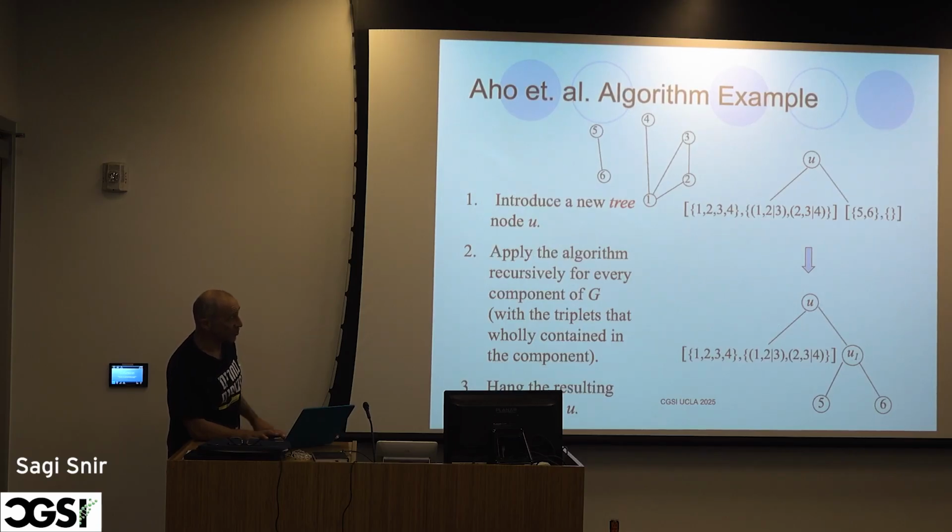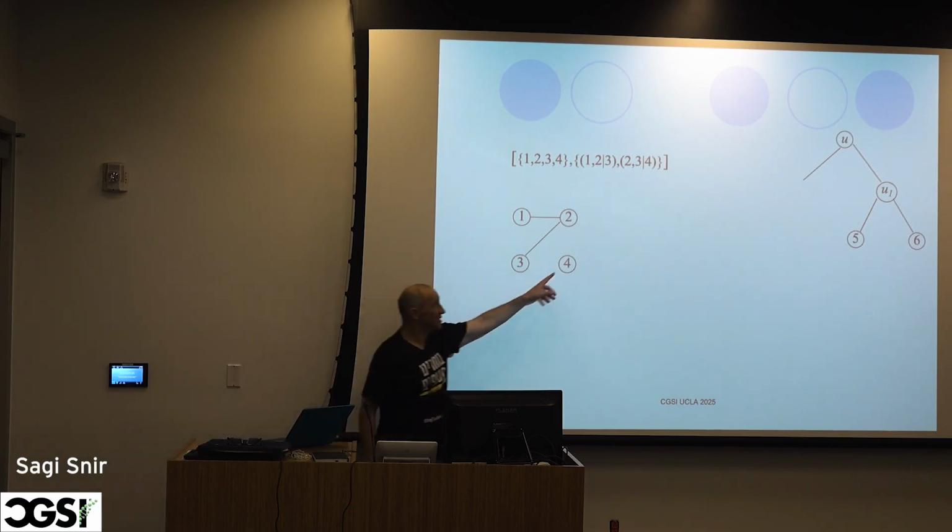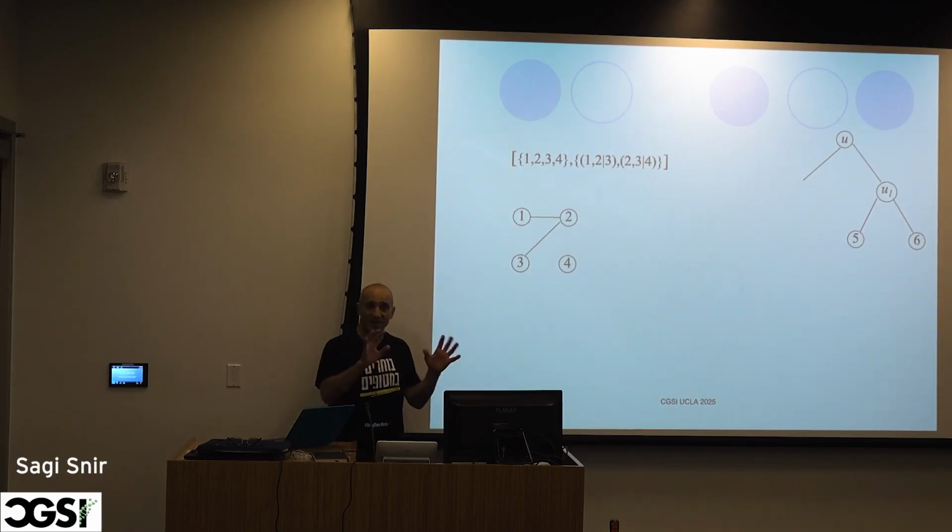And now let's see what we do recursively on the left. We have 1, 2, 3, 4. Let's construct the connectivity graph. Who can tell me what edges we add here? 1 and 2, correct? And now 2 and 3. Our connectivity graph. What are the connected components? This and this. So we hang 4 on the right, or on the left, it doesn't matter.